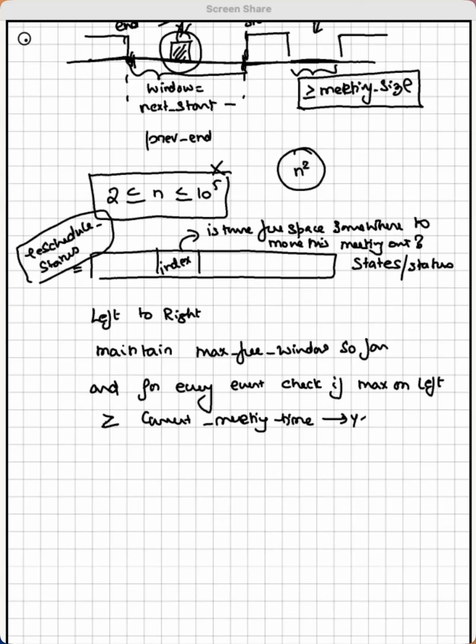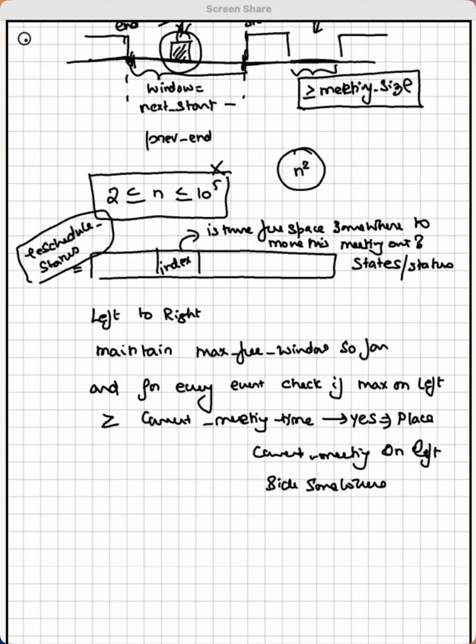If this is yes, that means I can place the current meeting on the left side somewhere. I don't know the exact index where this max exists, and I don't need to, but I know that there is a free spot on my left-hand side where my current meeting can go and reside.